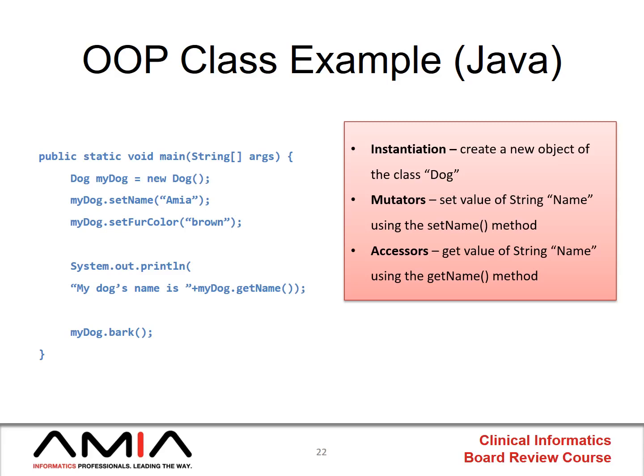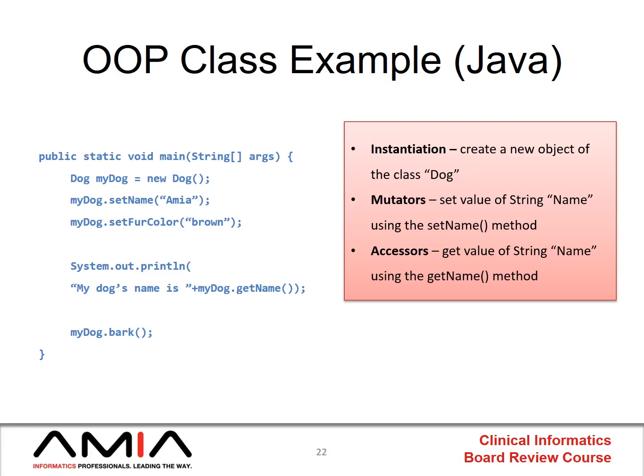And by convention in these object-oriented programming languages, all of the attributes and methods of a specific class can be accessed by simply typing a period after the name of the object, and then you can type in the attribute or method. So if I want to access the setName method of the myDog object, I would say myDog.setName, and remember it's expecting a string, so I can type in Amia with quotes around it.